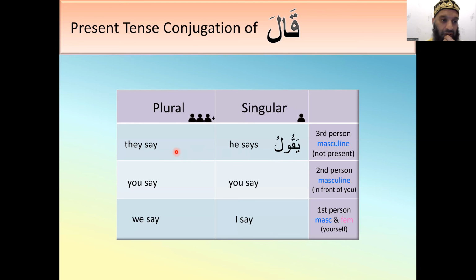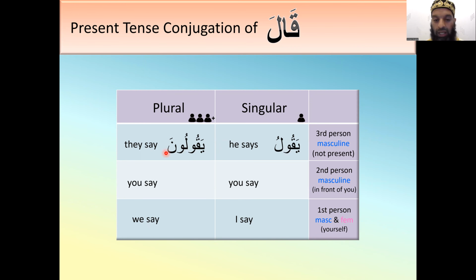Third person. Remember what I did last week? A, ta, ya, and na. Exactly, good. Yaquluna. The waw and the noon appear. It's yaqulu with una at the end. Yaktubu, yaktubuna, yaqulu, yaquluna. He says, they all say.